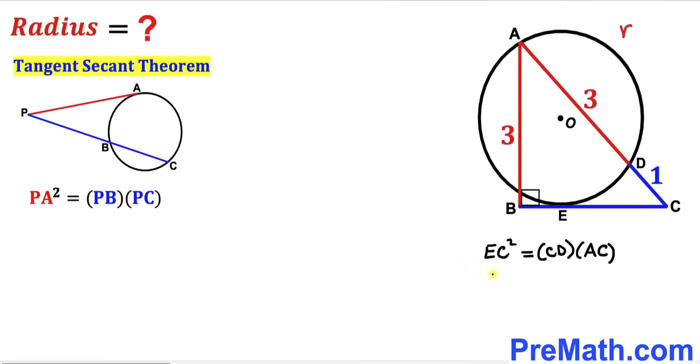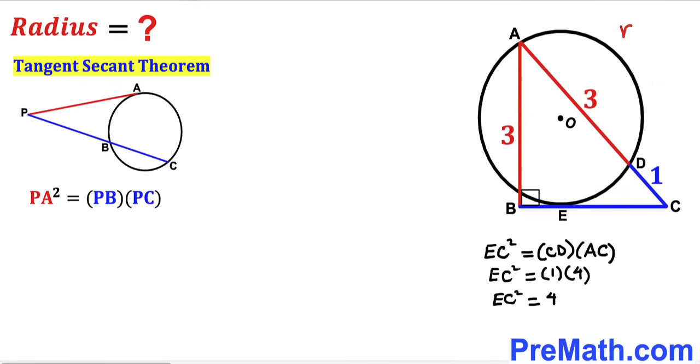So let's go ahead and fill in the blank. So EC squared is going to be equal to CD, which is simply 1, times this AC whole length, which is going to be 3 plus 1, giving us 4. So this is going to be times 4. So therefore we could write EC squared is going to be equal to 4.